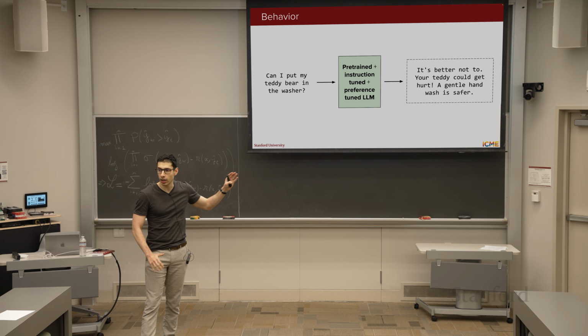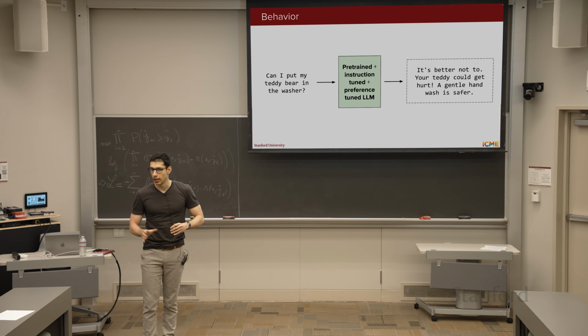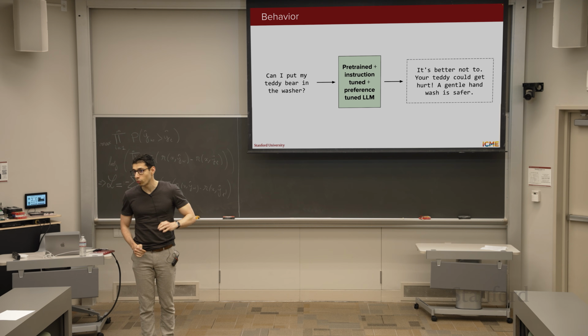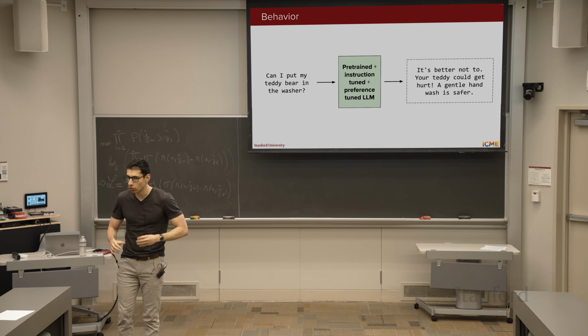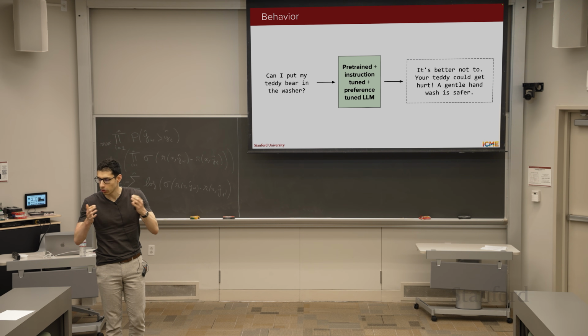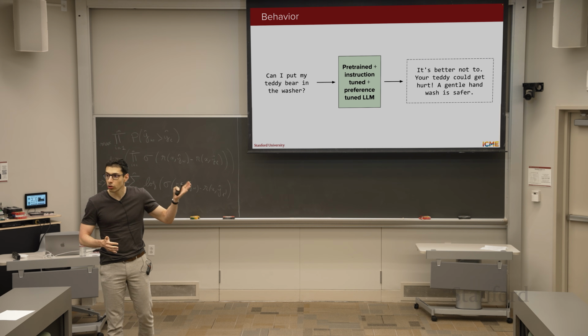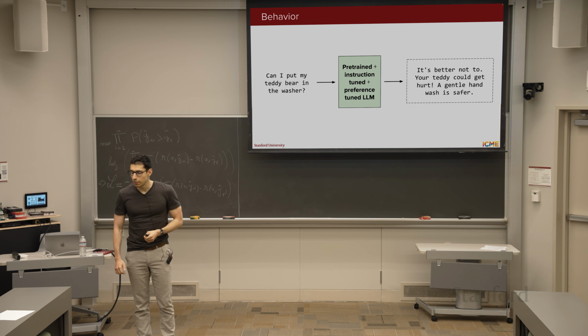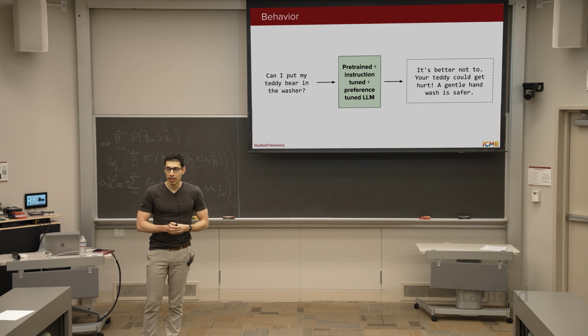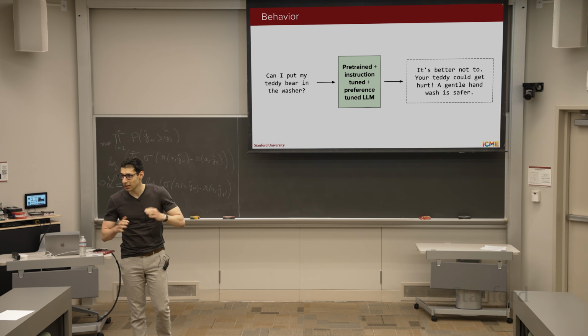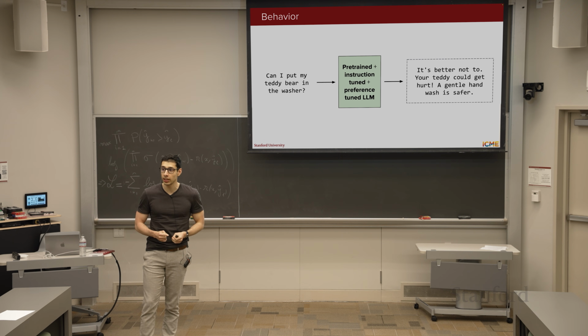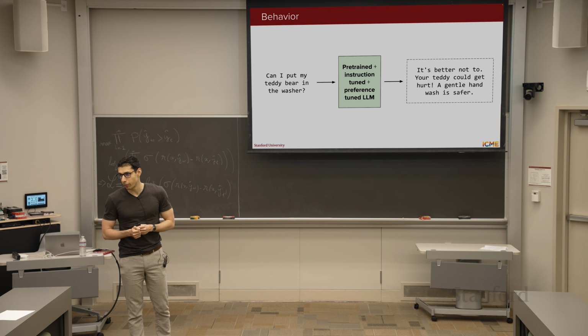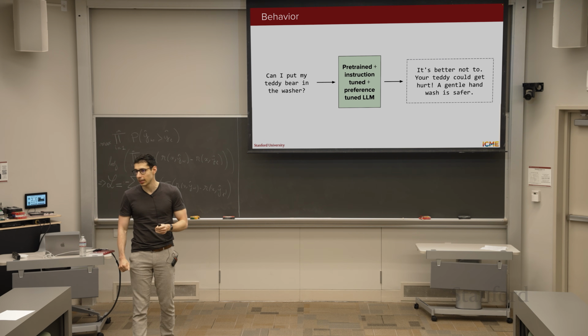PPO, the RL part, is very hard to tune right. It will give the highest results, but you might get almost at that level with much less effort. So if you want a quick preference tuning that is shown to give good results, but maybe not the best results, then DPO is your friend. And if you're an expert at reinforcement learning, you know what you're doing and you want every last bit of performance, then PPO might be a better way.